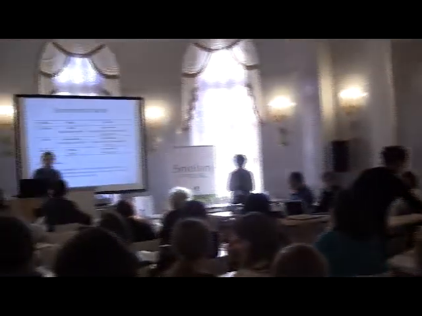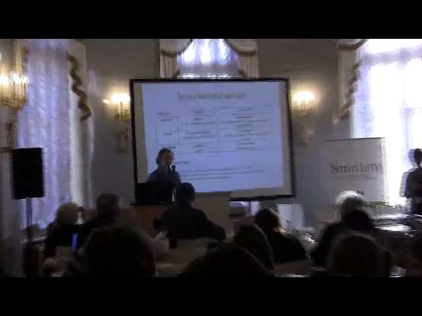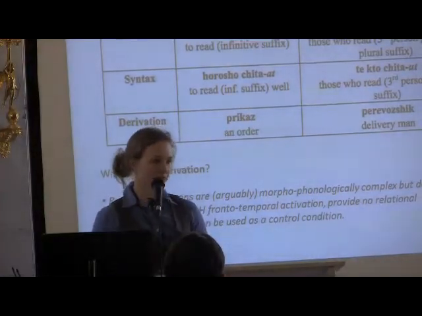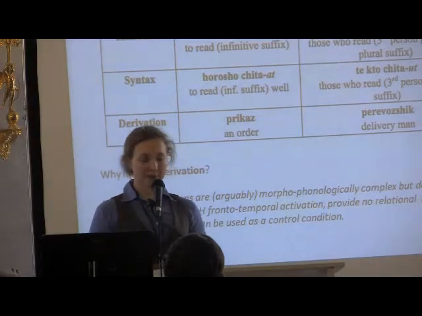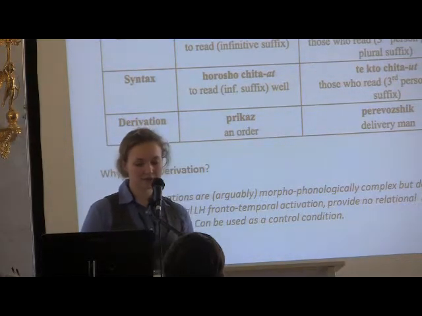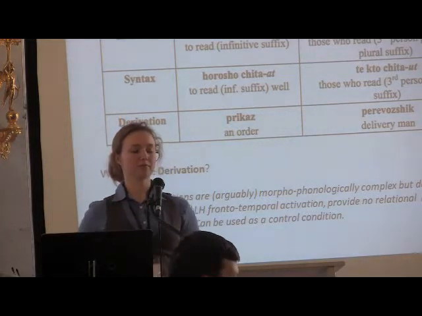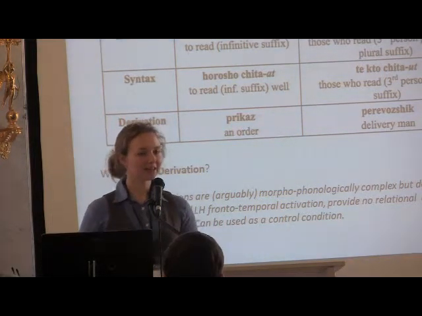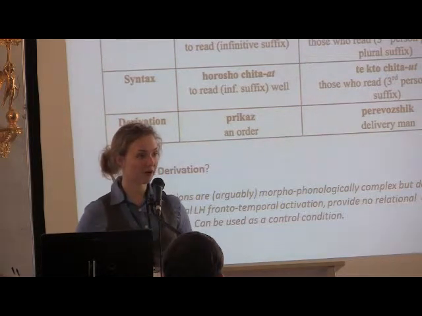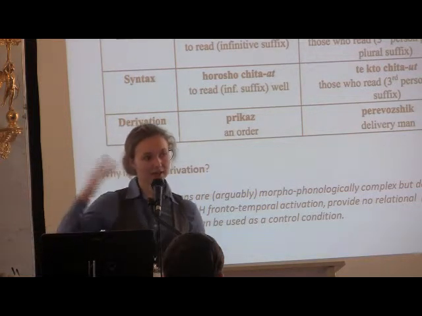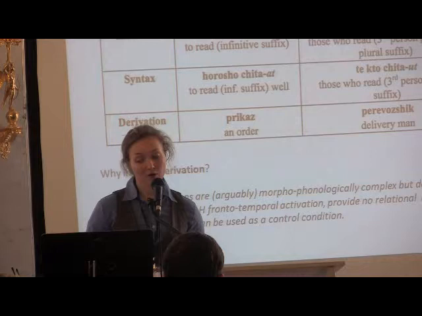So for the derivation conditions, we had simple and complex derivations, right? Prikaz is a simple deverbal noun. Presumably it either has a zero derivation, so it backs to the form prikazywać minus at prikaz, or it doesn't.